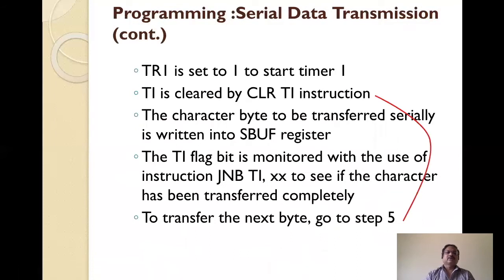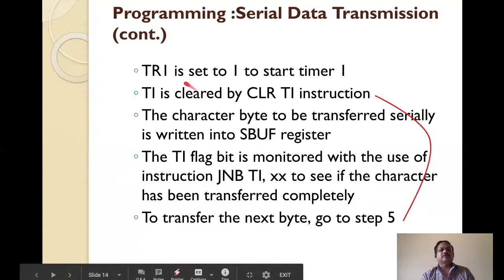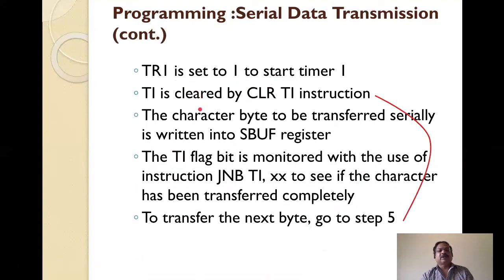Here you can see the run control bit of timer 1, that is to be set to 1 to start the timer. Then the TI bit is to be cleared using the CLR instruction once the transmission is finished, right? To transmit the next character. Okay.